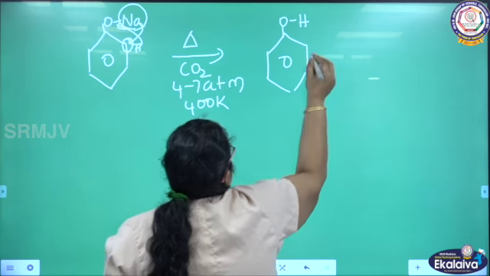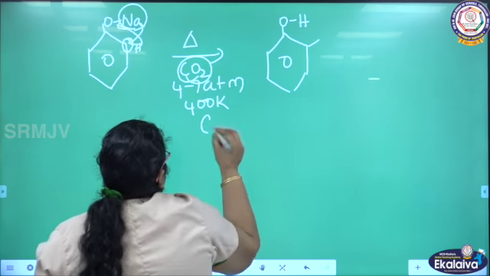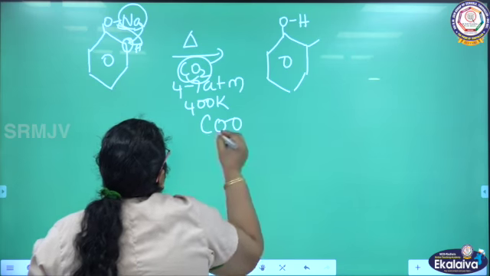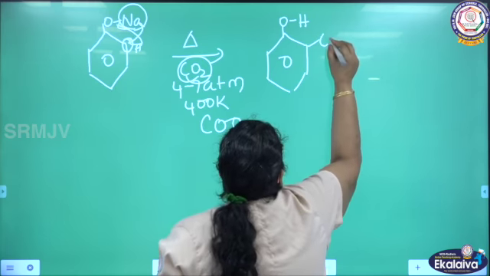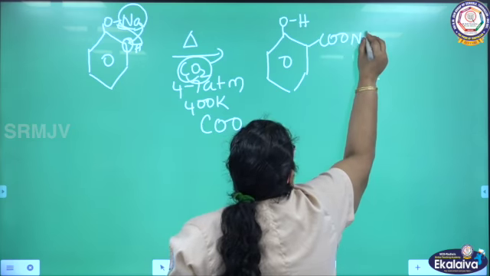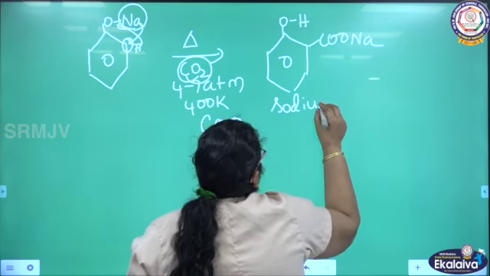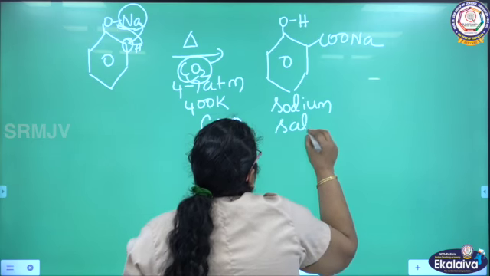In the place of hydrogen, what is substituted? CO2 can be written as COO, and this Na is added here. What is the compound we are getting here? Sodium salicylate.